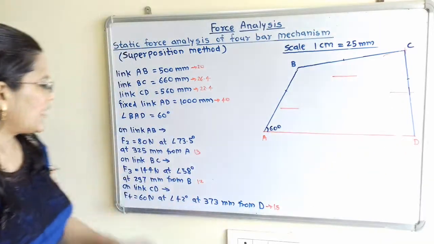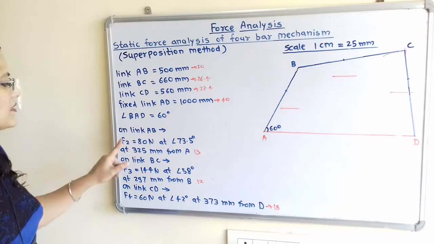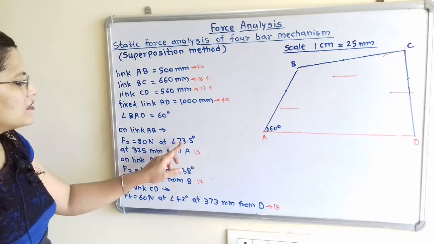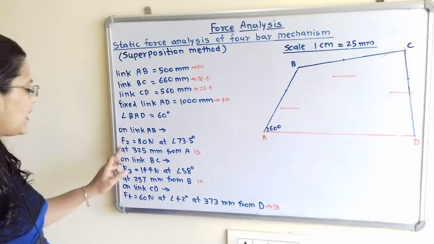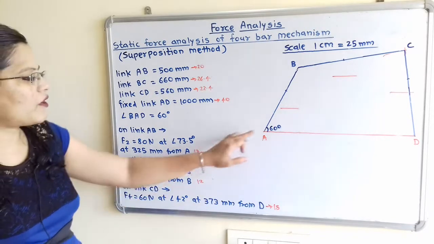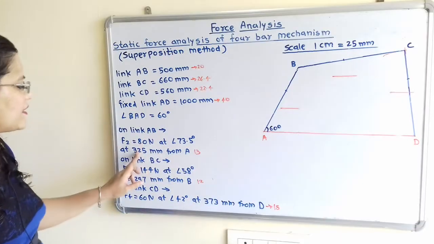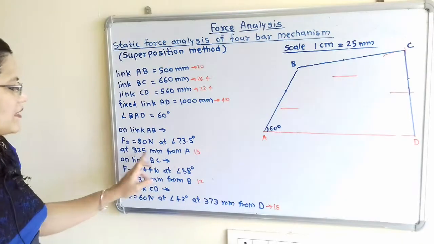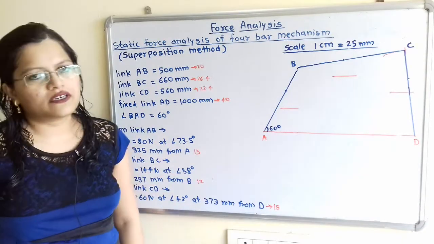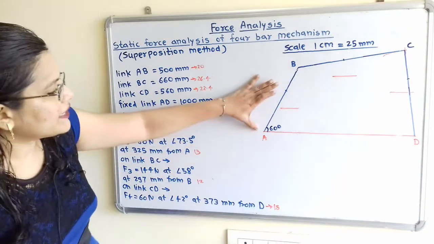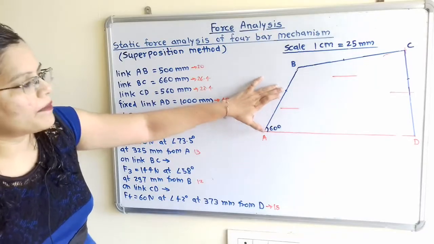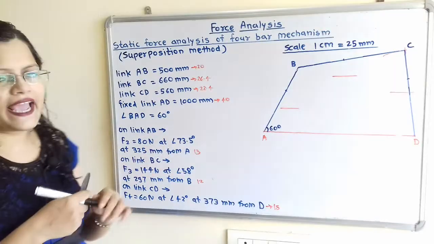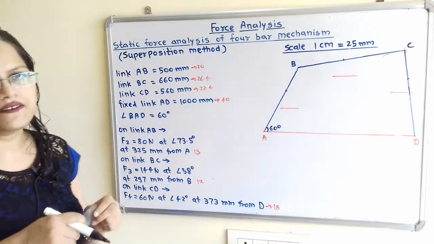Now if we move next, then on link AB, force F2 is there, which is equal to 80 Newton at angle 73.5 degree at 325 mm from this point A. So 325 mm, as per our scale 325 divided by 25, is equal to 13 cm. So we will take here distance 13 cm, mark one point, and with the help of protractor we will take here the angle of 73.5 degree.